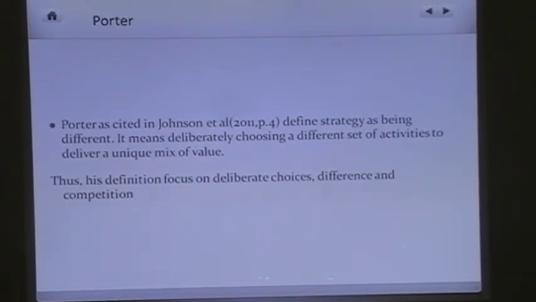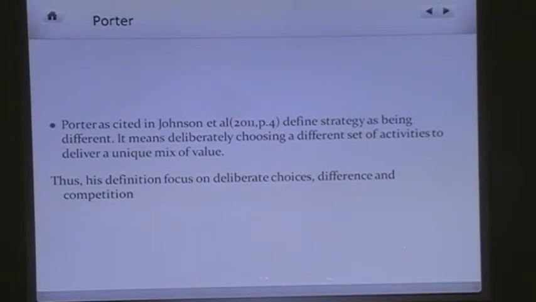Let's see how Porter defines it. Porter defines strategy as being different. That means he says that if you have to put a strategy in place, you have to create something different, and it means deliberately choosing a different set of activities to deliver a unique mix of value. That means Porter emphasizes that if you are looking at creating a strategy, then you're looking at a different set of activities which help the organization, the company or the business deliver a unique mix of values.